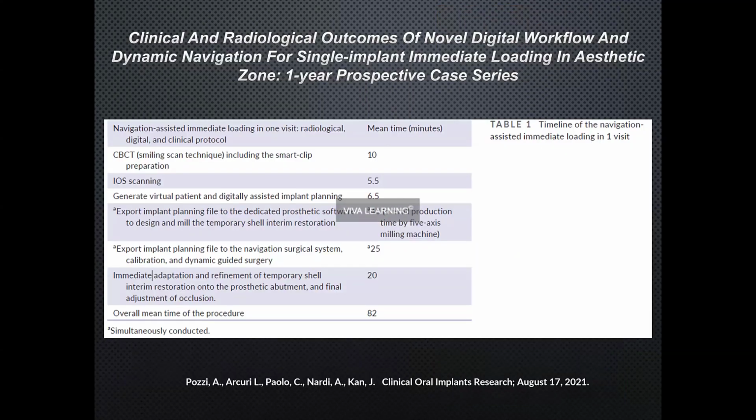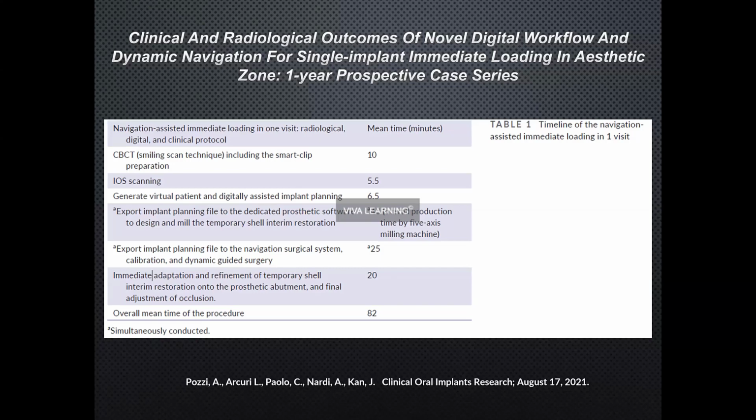And in his clinic, he's broken this down as far as time that's involved. Taking a CBCT, 10 minutes; intraoral scanning, 5.5 minutes; virtual patient digital assisted treatment planning, 6 minutes; exporting the file to a lab or dedicated software at your office and milling this temporary shell, 40 minutes.